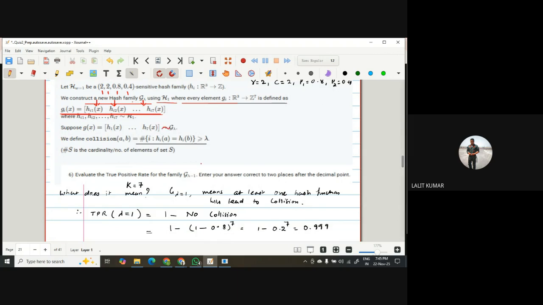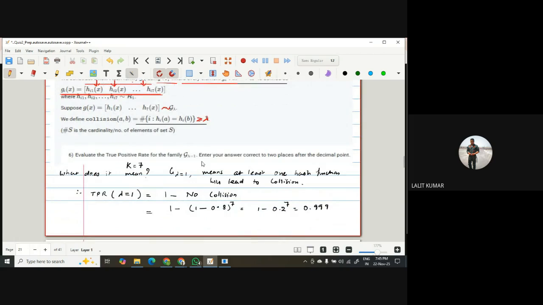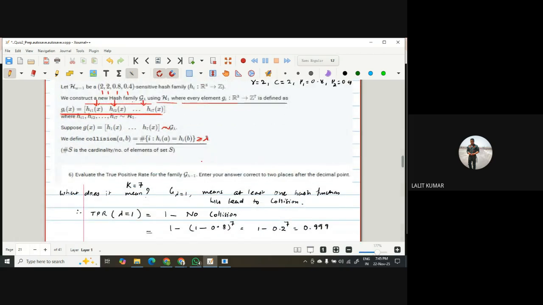We define collision where Hy A is equal to Hyb more than lambda. So evaluate the true positive rate for the family G lambda is equal to 1. So we have to understand what basically it is talking.